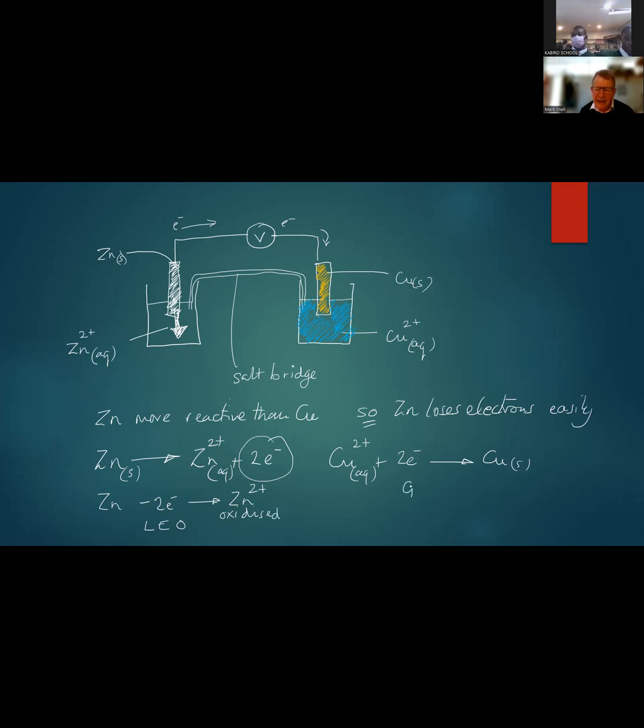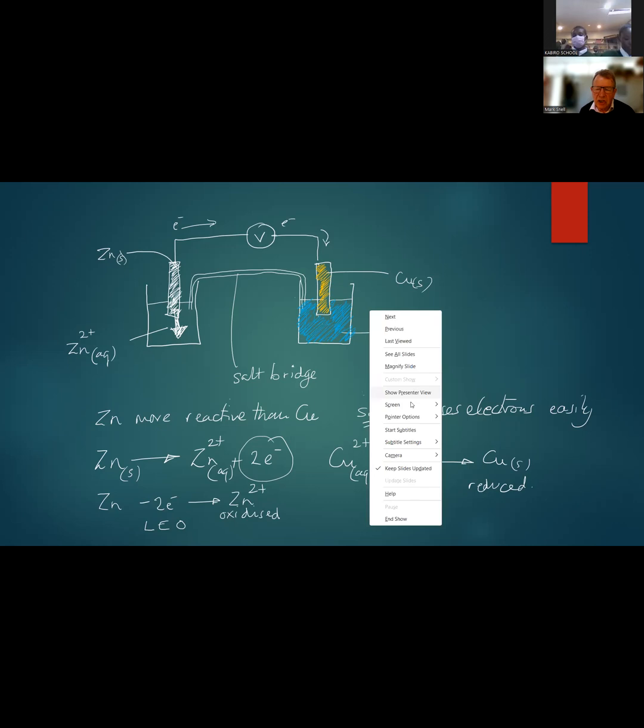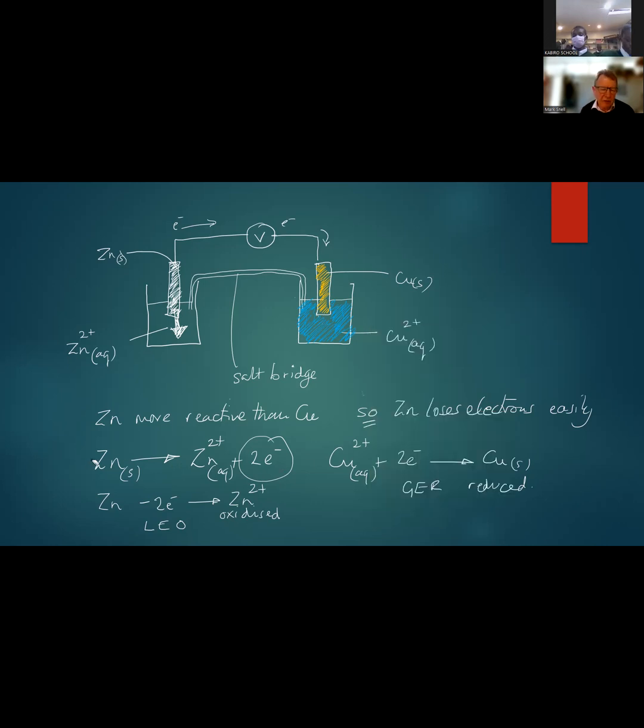This is gaining electrons, that's reduction. Okay, so that is being reduced. So now I'm going to just change all that. I'm going to get rid of the stuff at the bottom. You'll see what I'm going to do in just a minute.